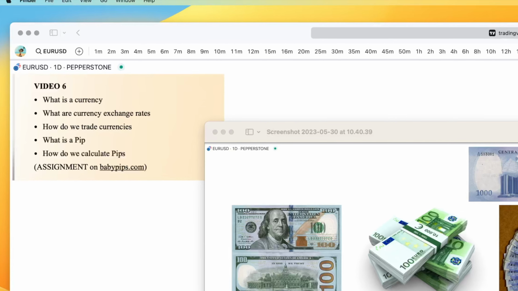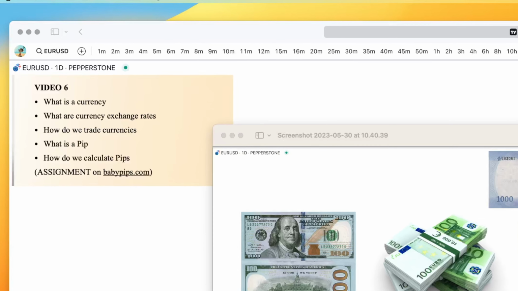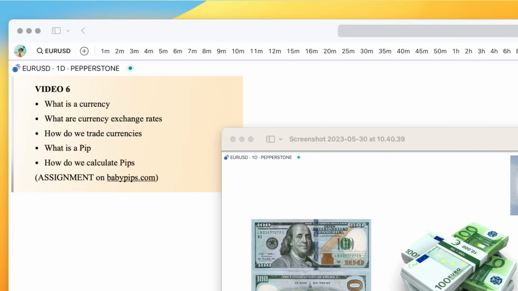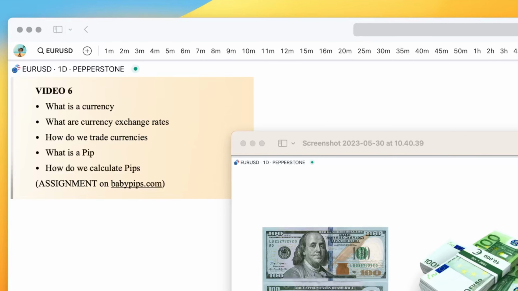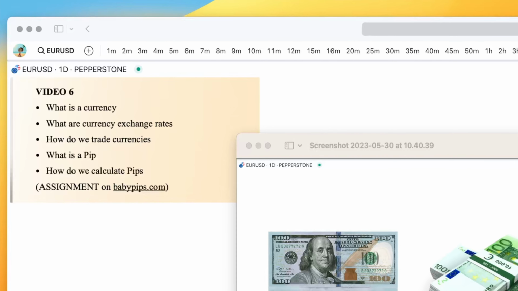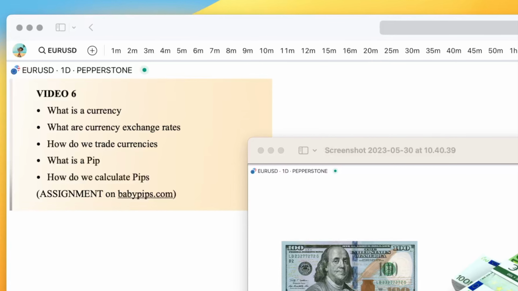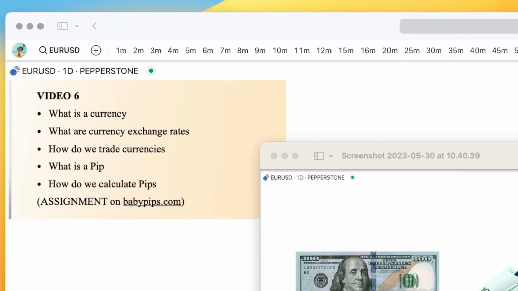After that, we talk about what a pip, a lot size, and a pipet are, and then how we calculate pips. That means how you determine the number of pips you have on a particular trade. It's very simple. I'm going to show you a tool to use. And at the end, you have an assignment on babypips.com.